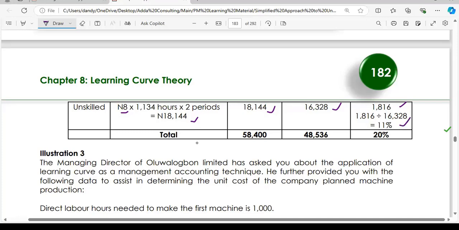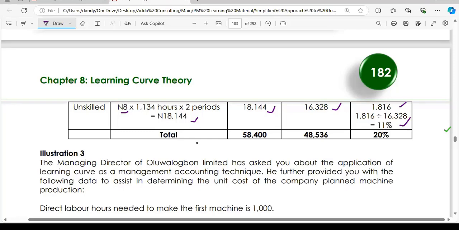So on the overall, what is the increment in the labor cost? What we are trying to say in essence is that if there's a break in production, learning effects will be lost, and the company will incur additional labor cost.